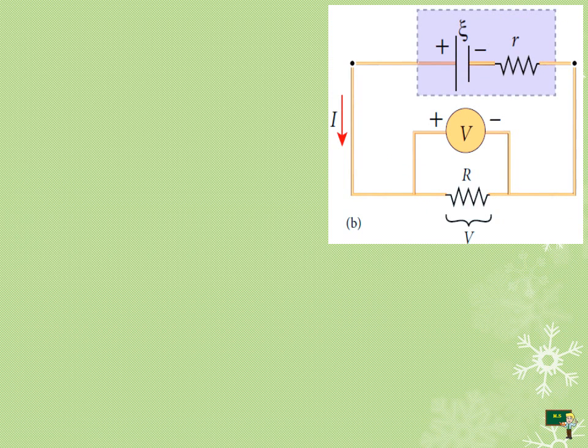Now you can see we connected an external resistance which is indicated by the symbol capital R. Already we have an internal resistance, which is small r.